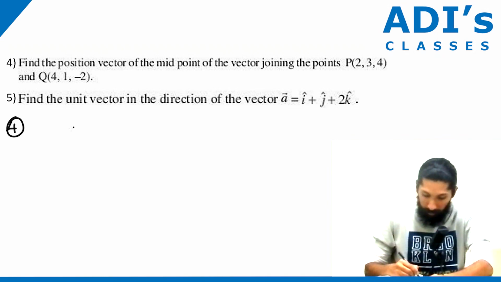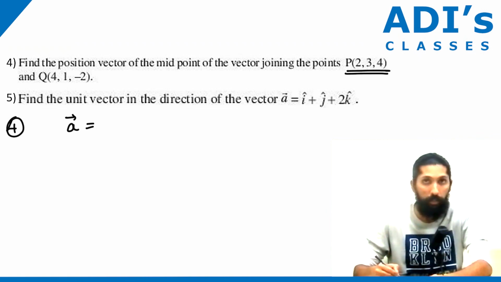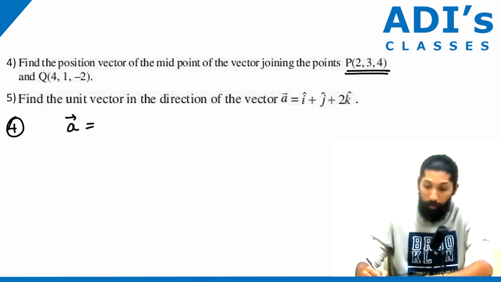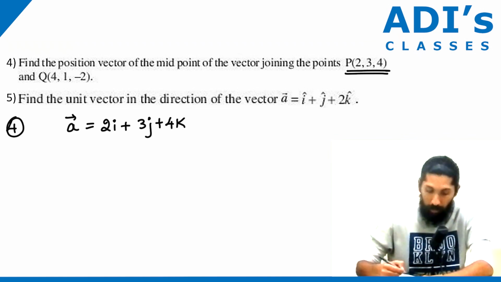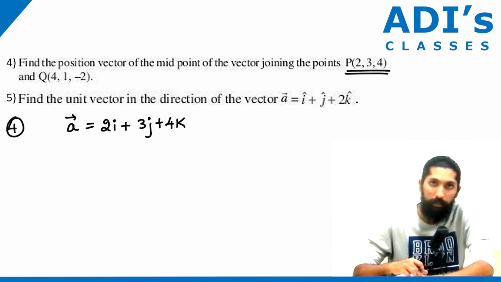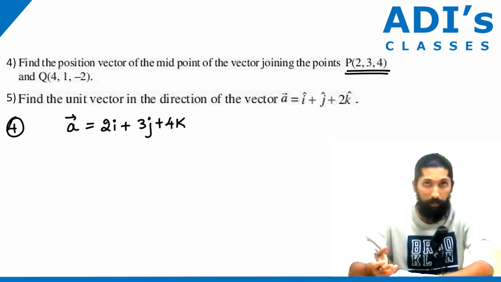let's assume that vector A is equal to, see, we'll look into this particular point for vector. If you have 2 as the x coordinate, then we can write this as 2i plus 3j plus 4k. Now you might be thinking, why are we writing this as vector when points are already given? Isn't it easier to do it in points?